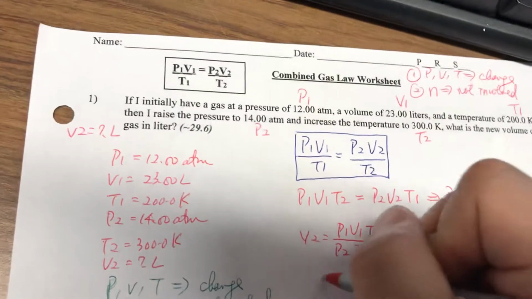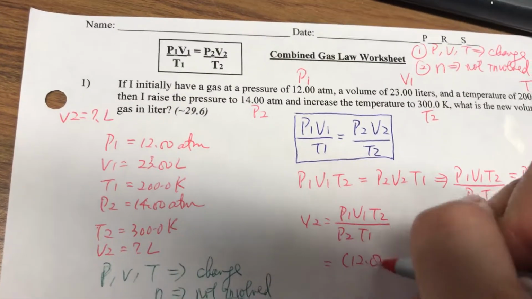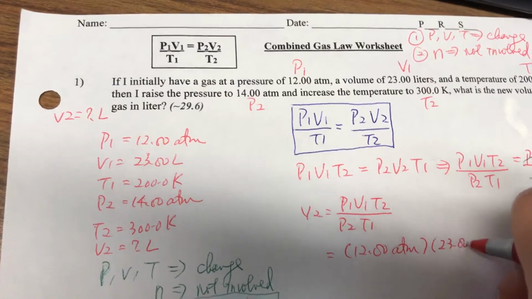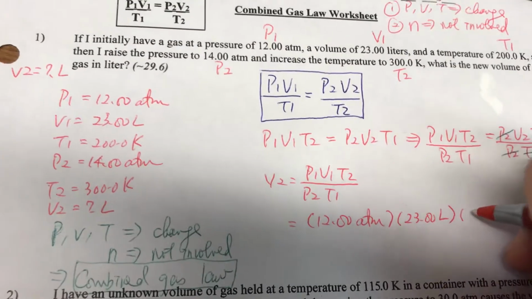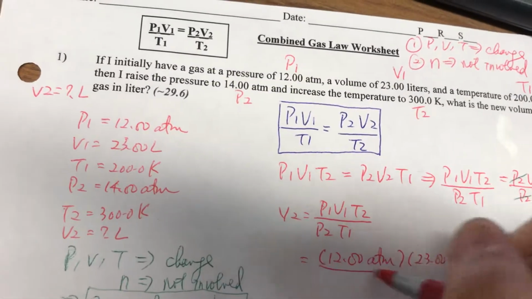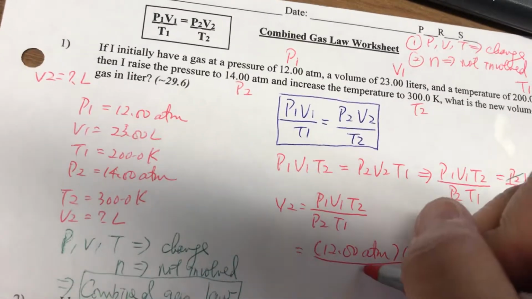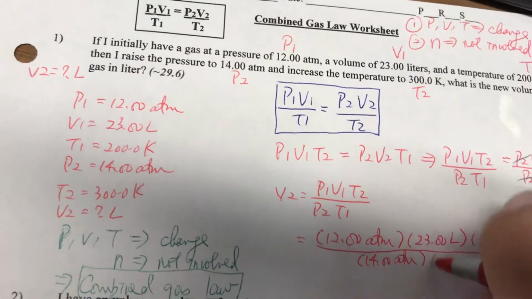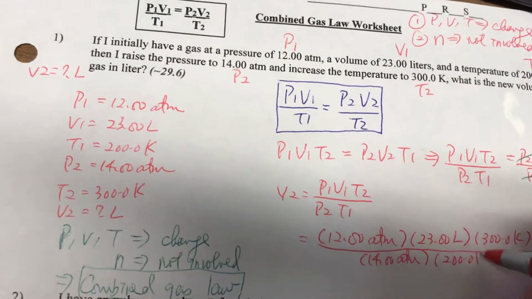And now I can put the numbers in: 12.00 atm times 23.00 liters times 300.0 K over my 14.00 atm and 200.0 K.